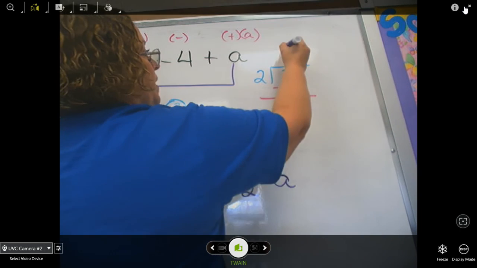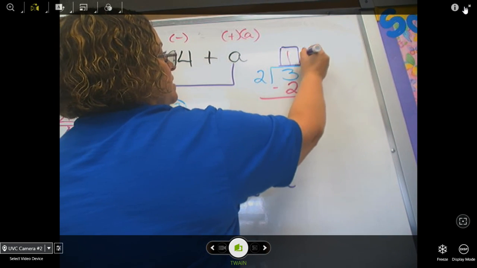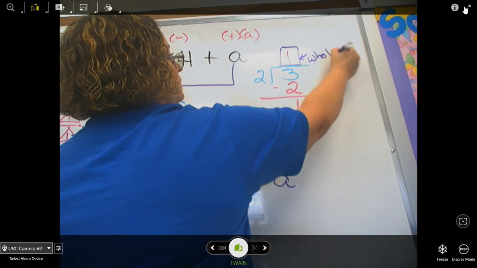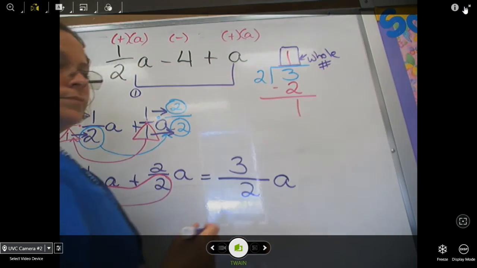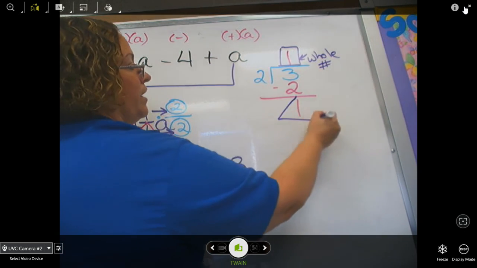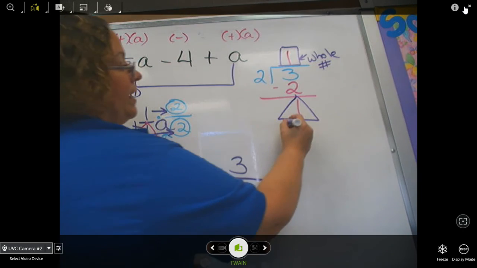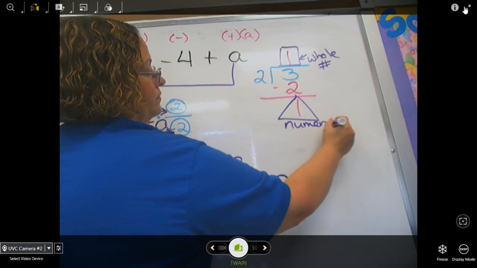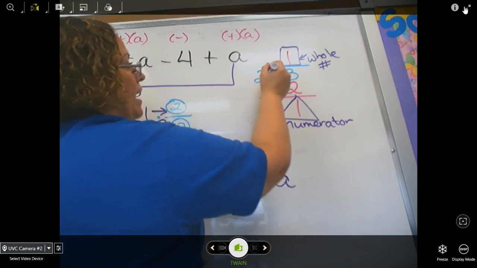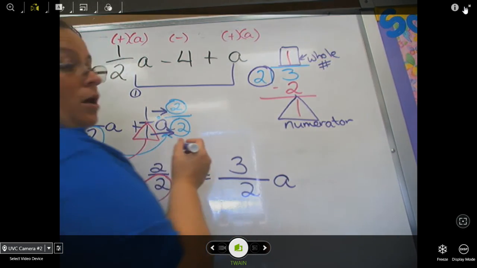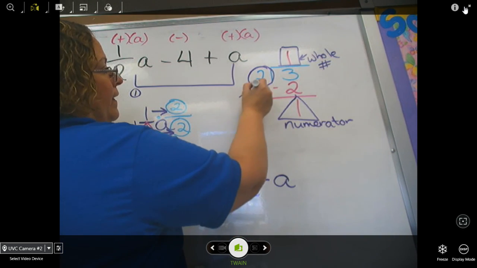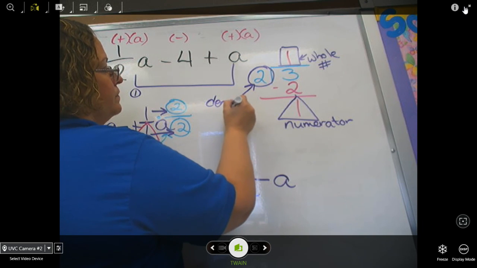Remember, whatever is up here, this is your whole number. Whatever is here that used to be your remainder is now your numerator. And whatever's out here, which is also called your divisor, is now your denominator.